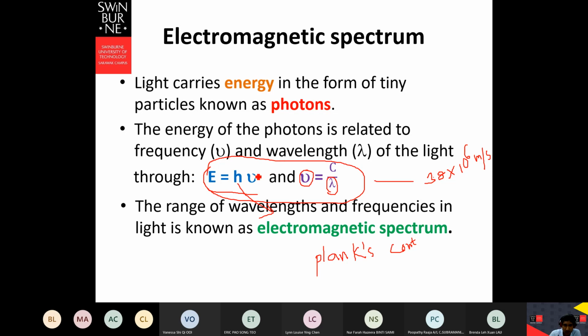So if we know the wavelength of a certain light, we will find the nu, right? And then this nu, we can use here to find the energy of that light, if we know the Planck constant.